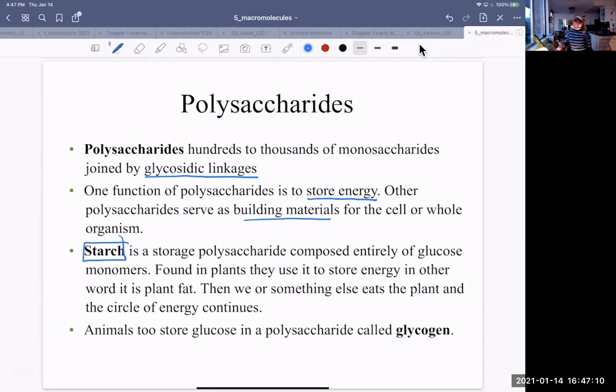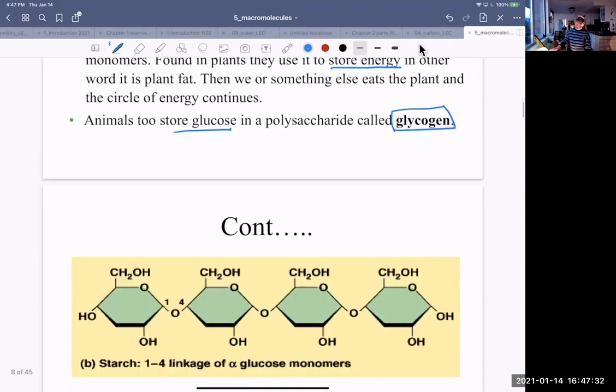It's found in plants and they use it to store energy. It's kind of like a plant fat. Well, when we or something else eats the plant, we get energy from the starch. Animals also store glucose, but that polysaccharide is called glycogen.